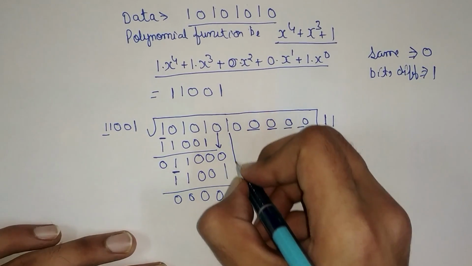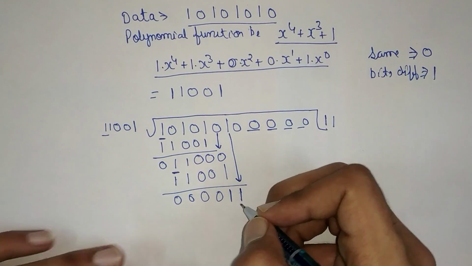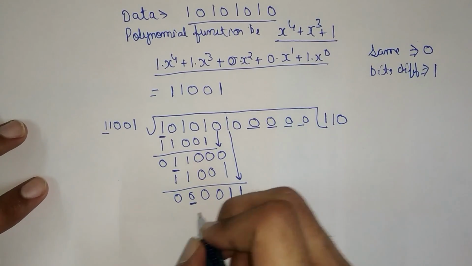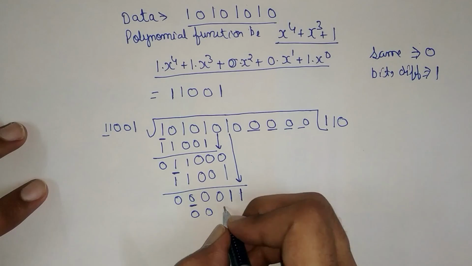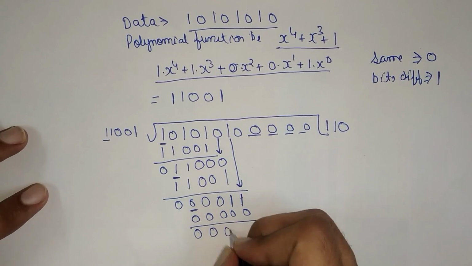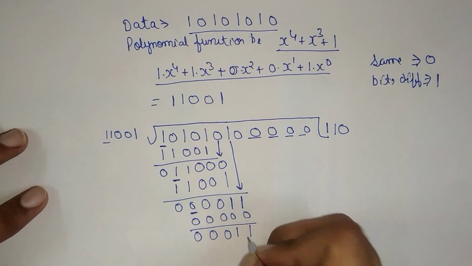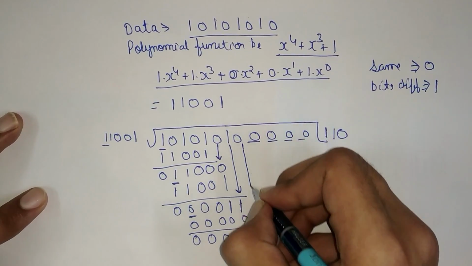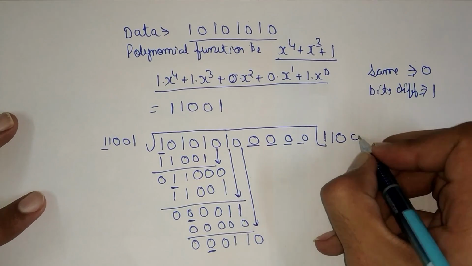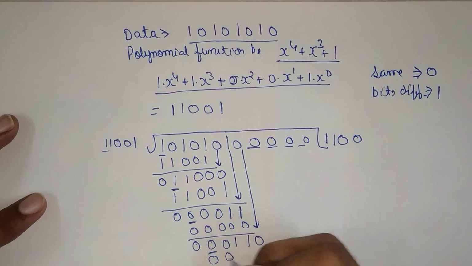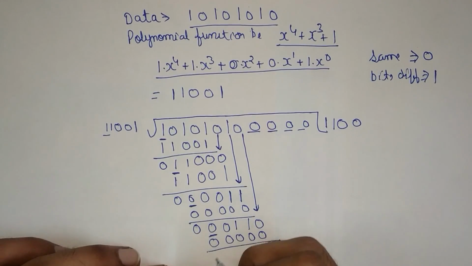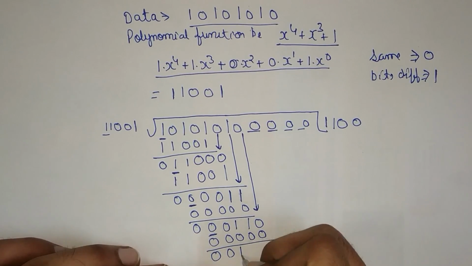Now putting one more bit from the upper place and again multiplying it with the first bit, the answer is 0 0 0 1 1. Now taking one more bit from the upper side and multiplying it with 0, it is 0 0 0 0 0, and the answer will be 0 0 1 1 0.